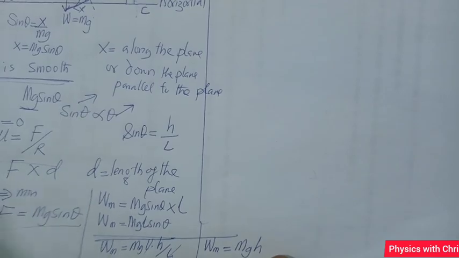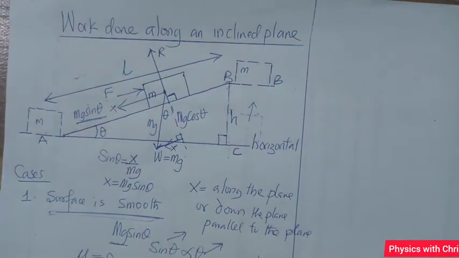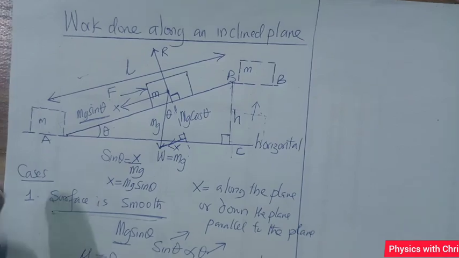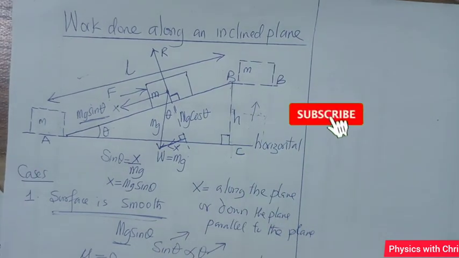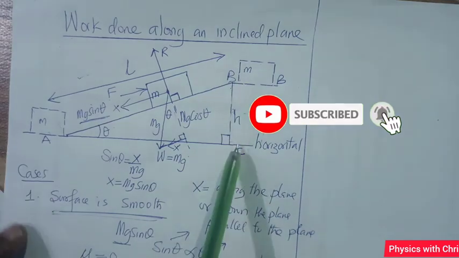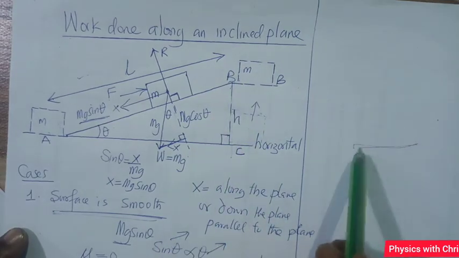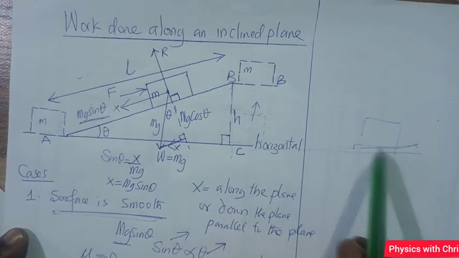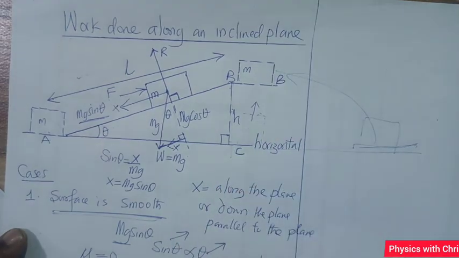So it does not matter. I was telling you the other time that it doesn't matter the path you follow. As long as you are bringing this block of mass to the same level B, whether you take it through A, or through B, or maybe the block of mass was here at the same level and you are coming to this point B, the same work is done. That's why the gravitational field is a conservative field: energy is not lost, work done is not lost.